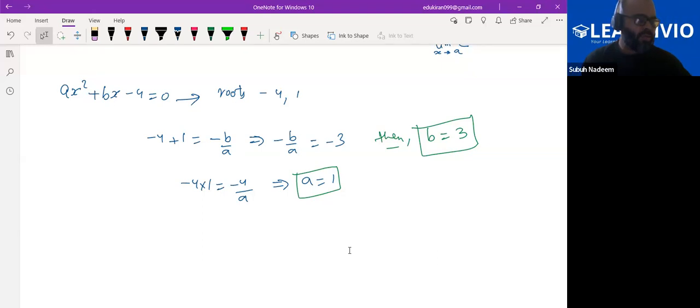Let us see a question on differentiability, right? Okay, Levin, you missed the negative sign.